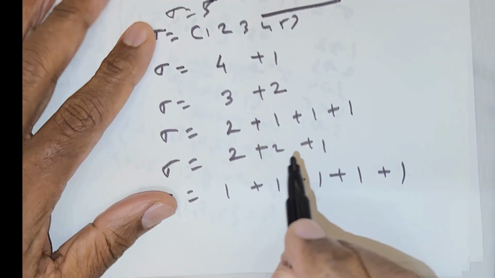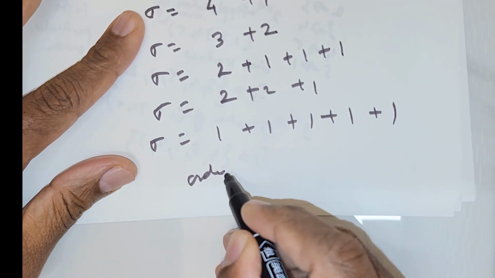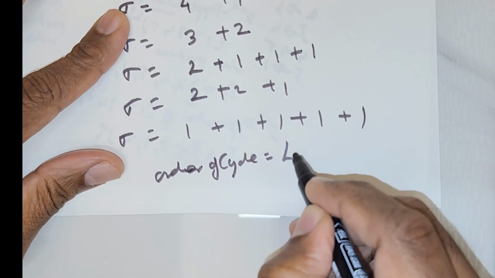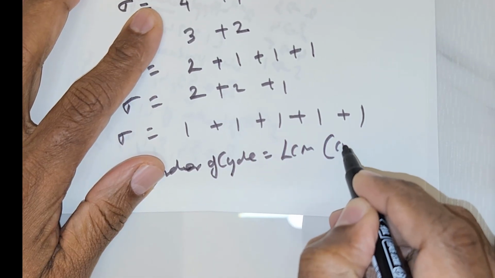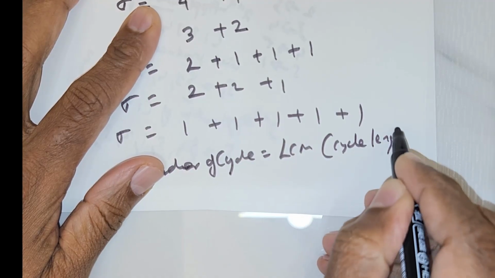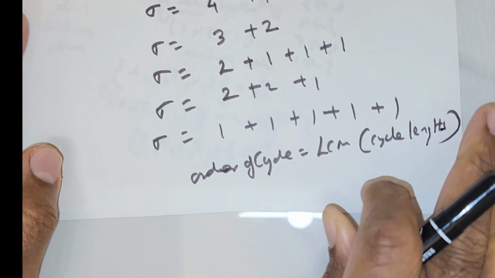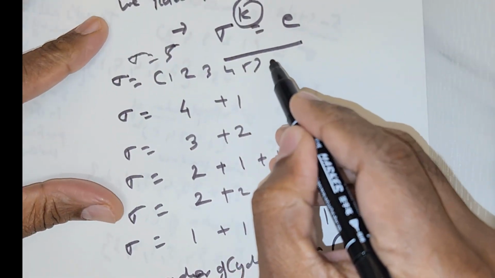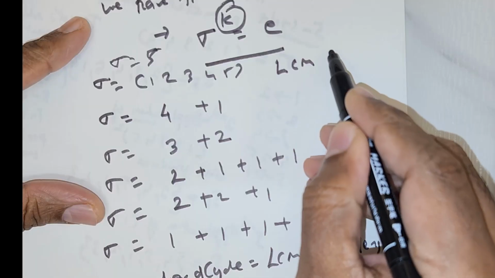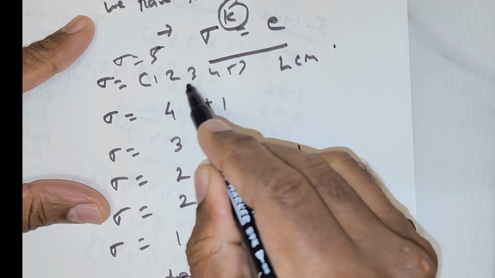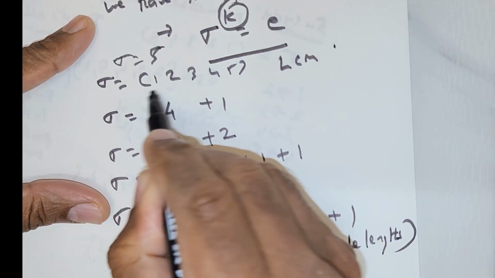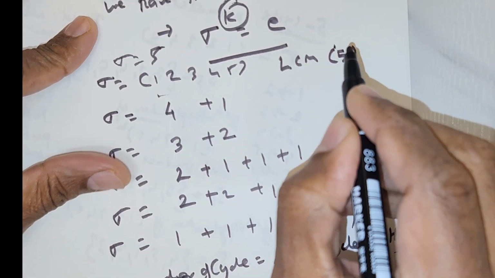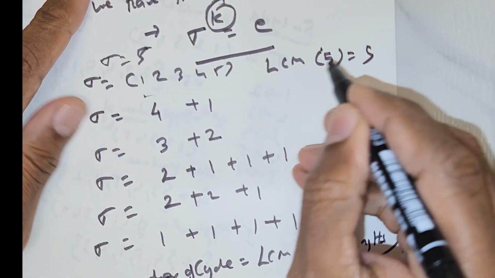So the order of the cycle is required. The order of a cycle is obtained by the LCM of the cycle lengths. So this is the formula: LCM of cycle lengths. Now in this case, what is the LCM here? This is going to give me the order. For a single cycle of length 5, the LCM of 5 is going to be 5.